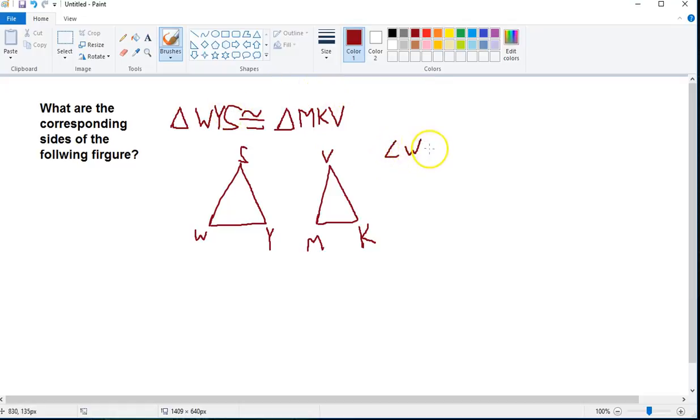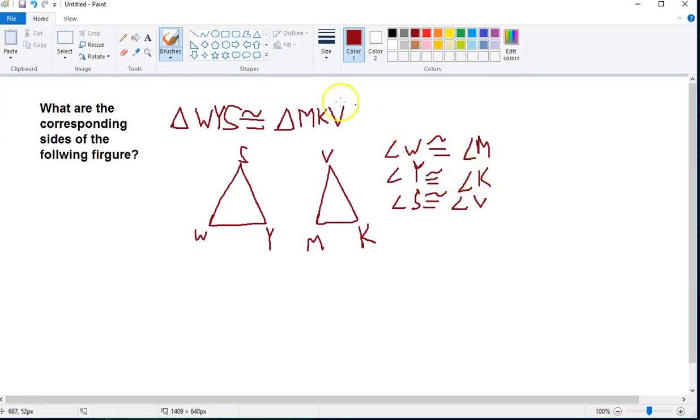Angle W congruent to angle M. The first one, the first one. The middle one, the middle angle. Angle Y is congruent to angle K, angle S is congruent to angle V.